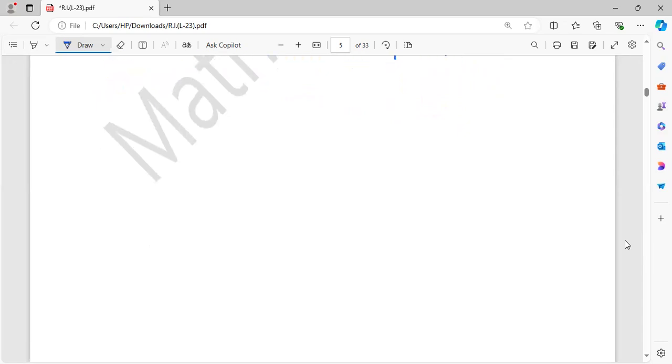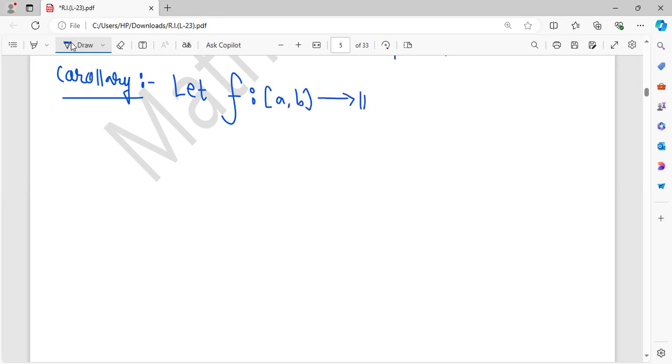Now we are going to see a corollary. Let f from closed interval [a, b] to R be continuous and g be Riemann integrable over the closed interval [a, b].